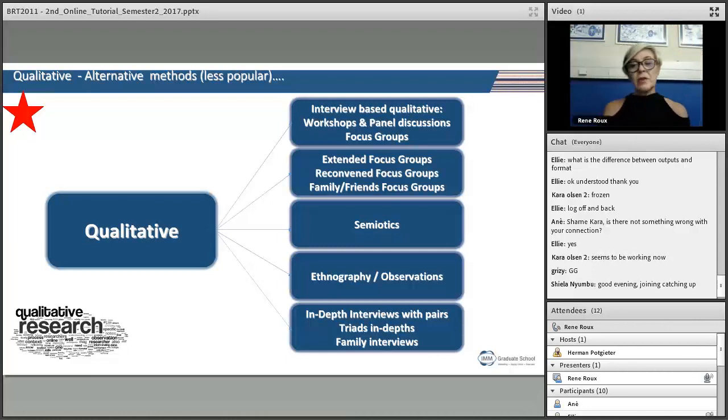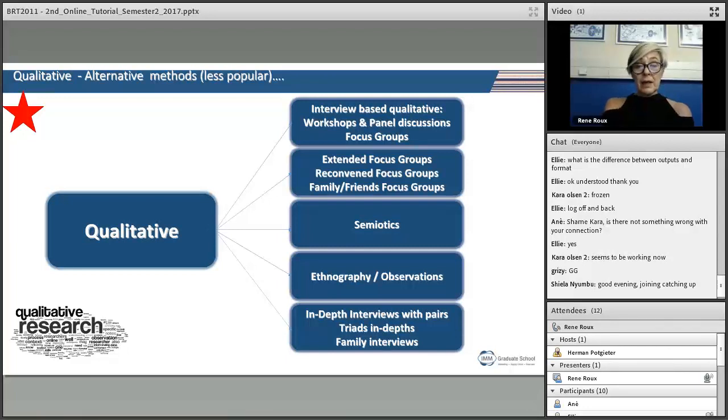Do they go right down to the bottom? How long do they spend in each aisle? So it gets observed what they do. And with observations, people can be aware of it or they can be unaware of it. There are still lots of questions on how ethical the unaware observations are.